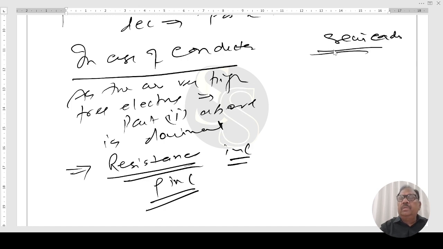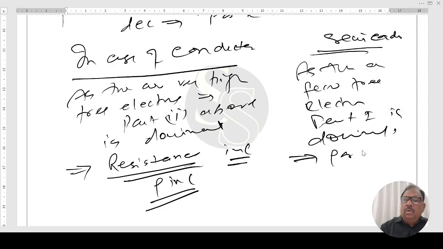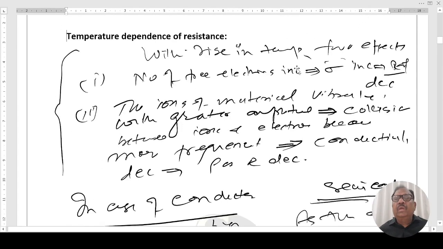In case of semiconductors, as there are few free electrons, part 1 is dominant. Means rho or R decreases, right?